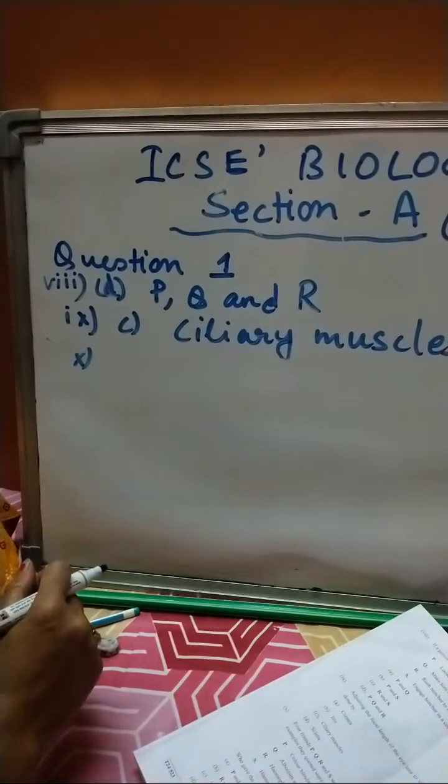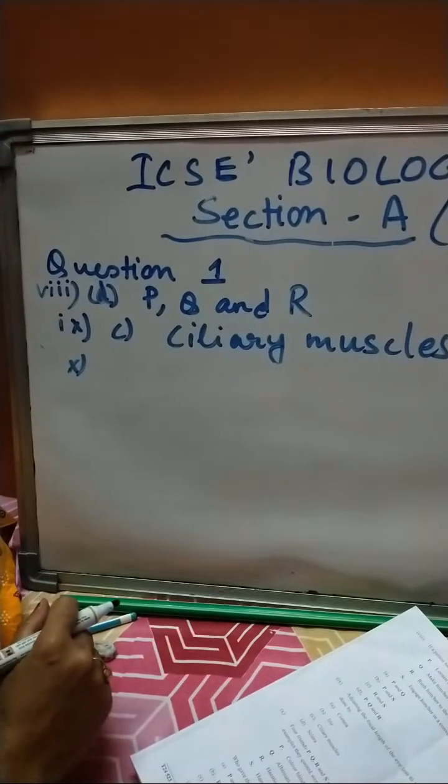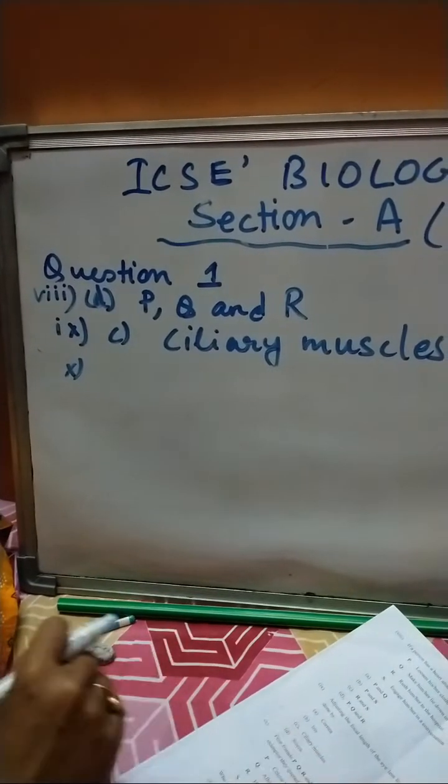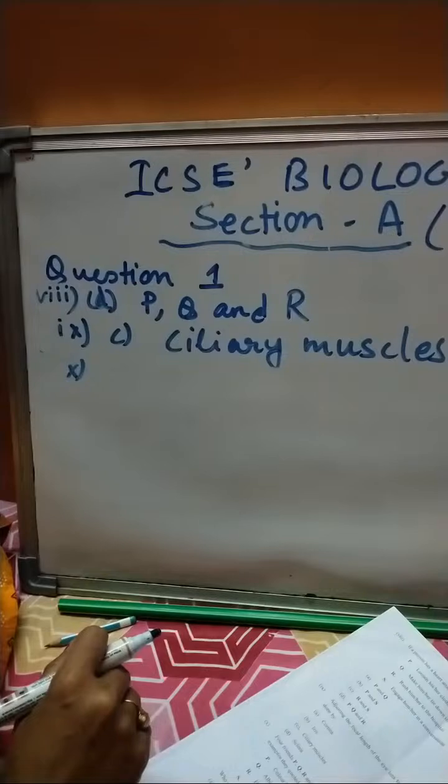Four friends P, Q, R and S were discussing the examples of genetic disorder. The examples they quoted were as follows. P, color blindness and malaria. Q, albinism and cholera. R, hemophilia and color blindness. S, hemophilia and albinism.